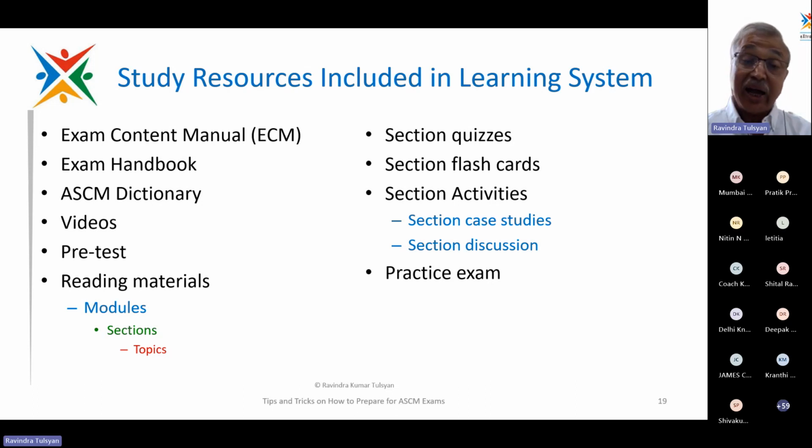At the end of the entire reading material, you have a practice exam. This practice exam is like a real exam. The questions are taken from past exams, questions which are retired.